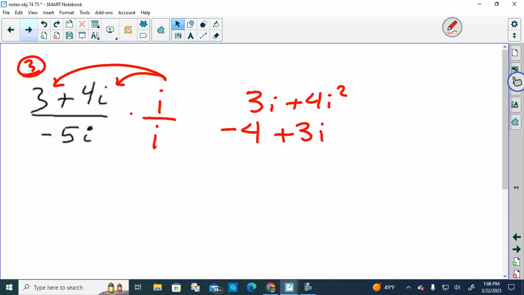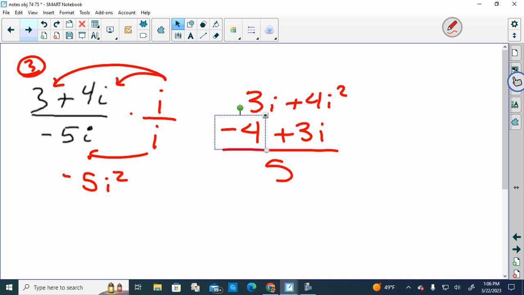On the bottom, when I multiply these two, I have a negative 5i squared. The i squared is going to change that negative 5 to a positive 5, and you're done, because that 5 can't reduce with anything that's there.